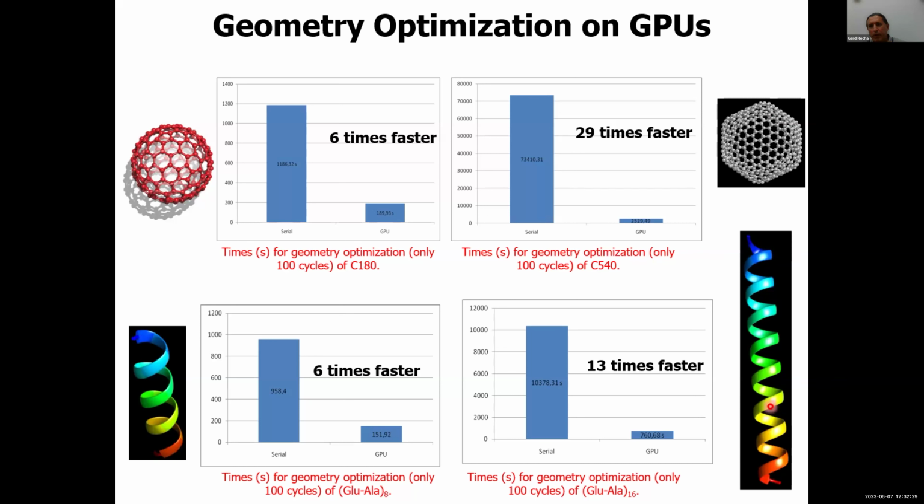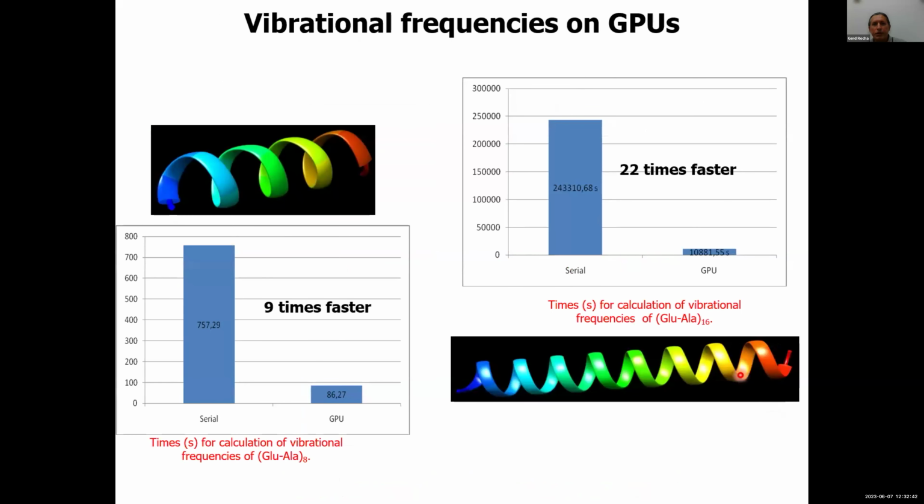And another location where you have impact for this type of calculation is the vibrational frequencies, because you need to build a Hessian matrix, and you have to diagonalize this type of matrix. And we got speedups of 9 times faster for this small protein, and for a larger protein we have larger speedup.